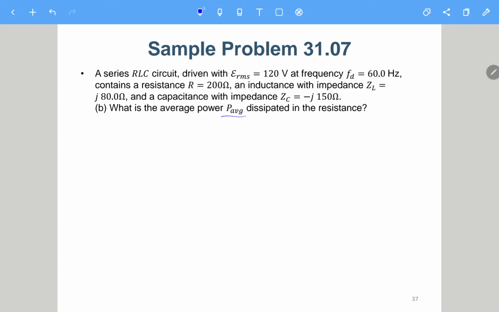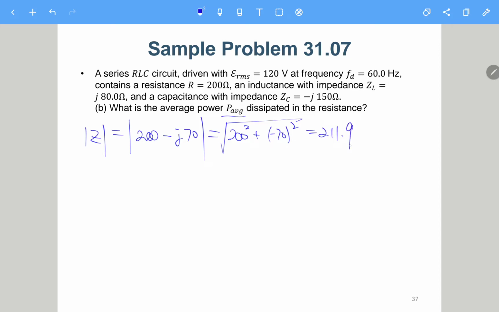Okay, so here, first thing we can calculate the absolute value of Z, which means the absolute value of 200 minus j70. For the absolute value of the complex number, we take the square of the real part and the square of the imaginary part, add them together and then take the square root. So this value is 211.9 ohm.